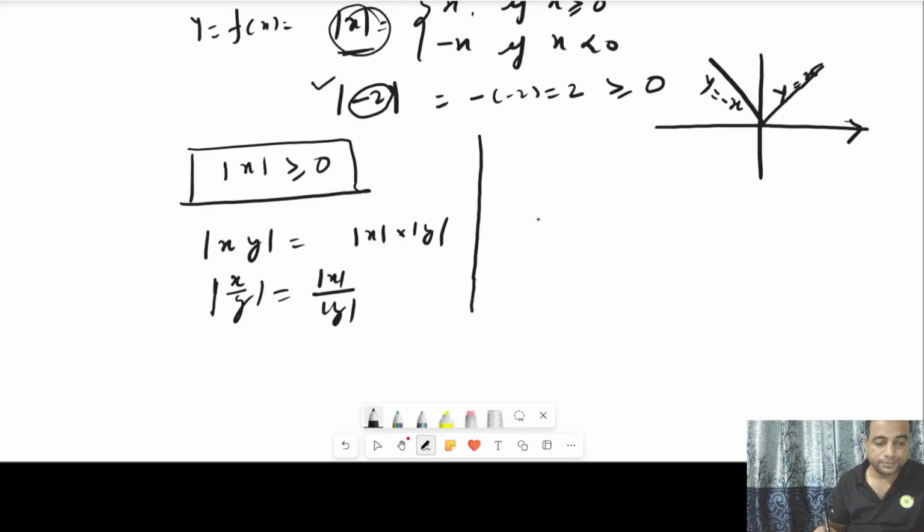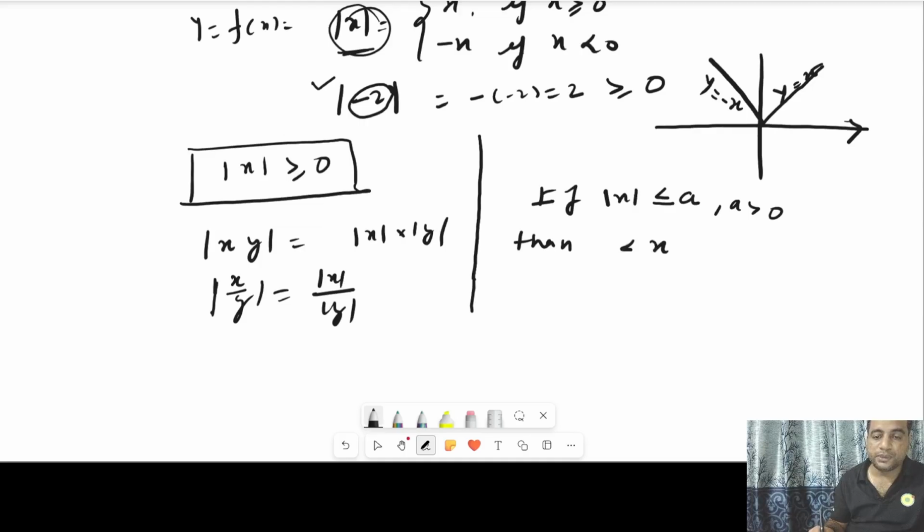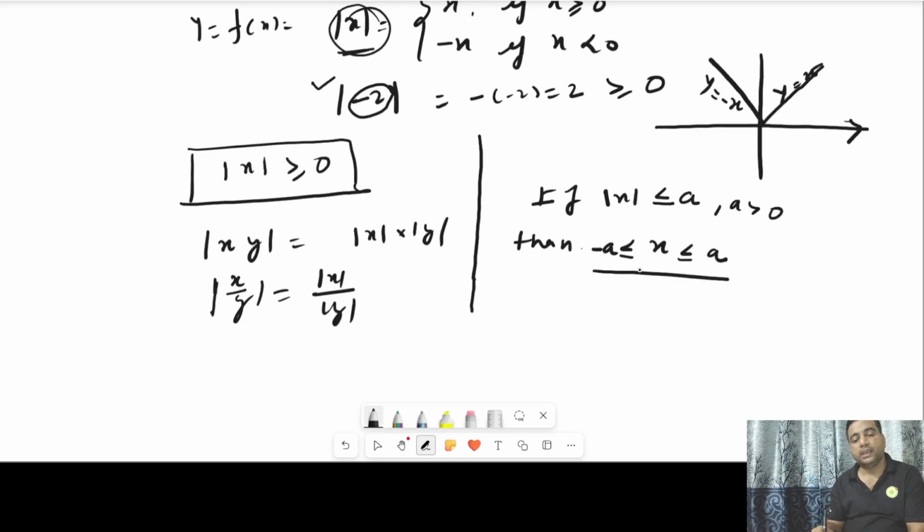Next property: if mod x is less than or equal to a, and a is a positive number, then x lies between minus a to a.